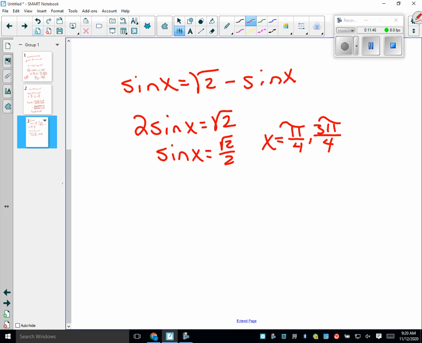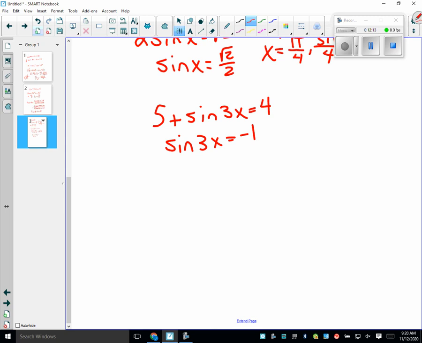What if I have, I'm still 0 to 2 pi, 5 plus sine of 3x equals 4. What now? So what do I have? Sine of 3x equals negative 1.